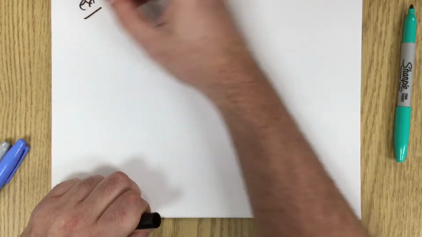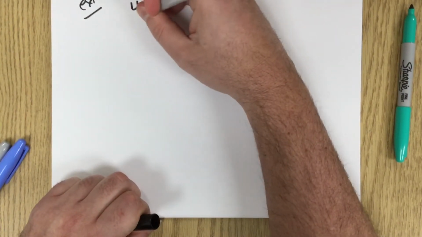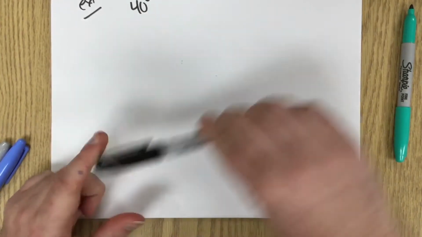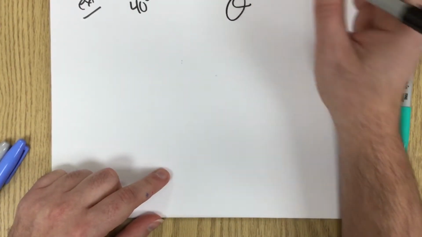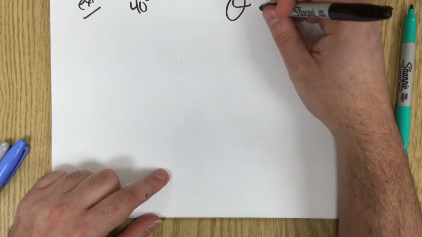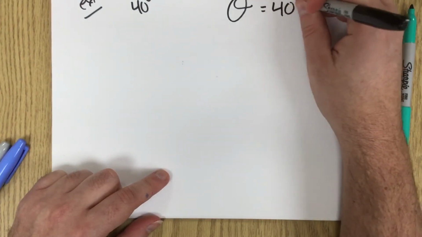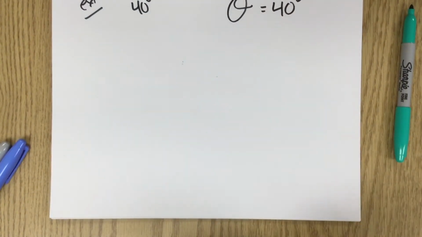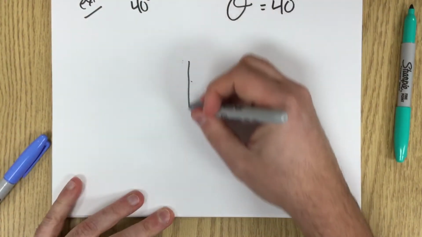So let's draw some angles. Let's say, for example, we want to draw 40 degrees. The letter I'm often going to use for angles is theta. So I want to draw theta, which is 40 degrees, on the Cartesian plane.